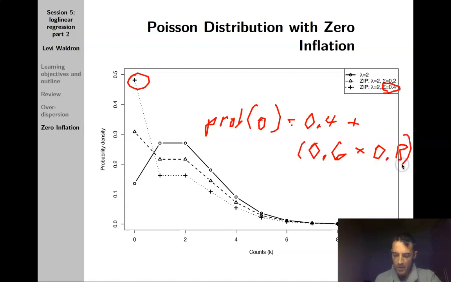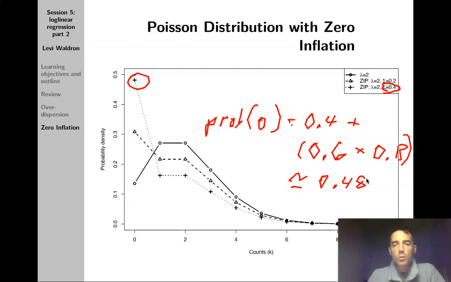So if it makes it past this first step of being a 0, then it still has a 0.13 probability, which works out to around, I don't know, 0.48.